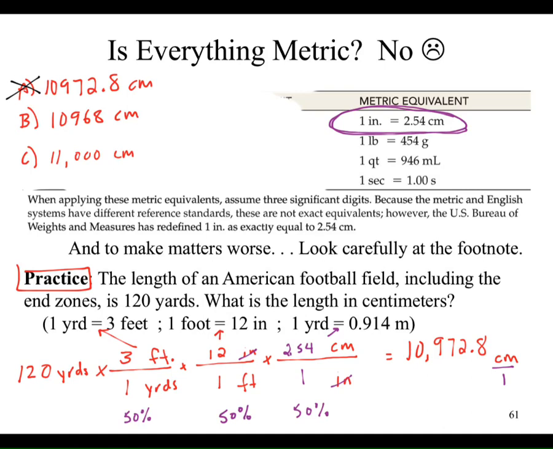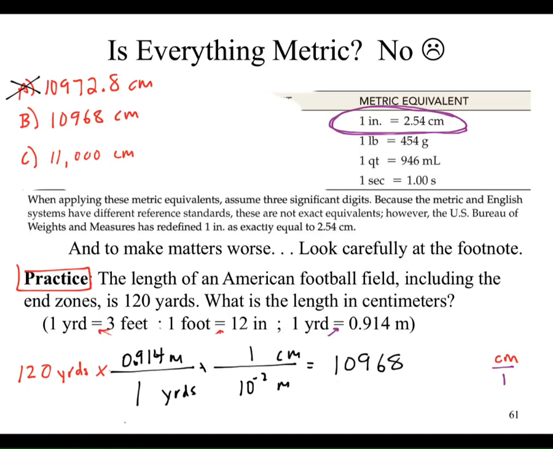That possible answer appears magically when we set up our conversion in this way. In a slightly shorter calculation, we can get 10,968 centimeters. Because this was a shorter calculation, this must clearly be right, and unfortunately, no, it is also wrong.